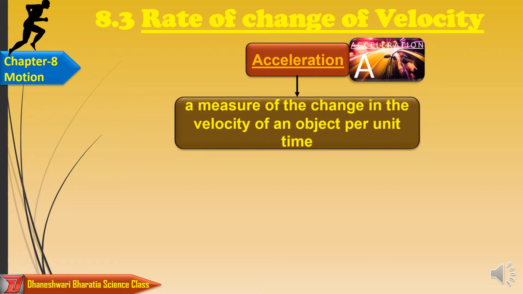Okay, so what is acceleration? It is a measure of the change in velocity of an object per unit time. We know the meaning of velocity. It is displacement in the given or per unit time, isn't it? So, when the velocity of a particular object is changed per unit time, that is described as acceleration.